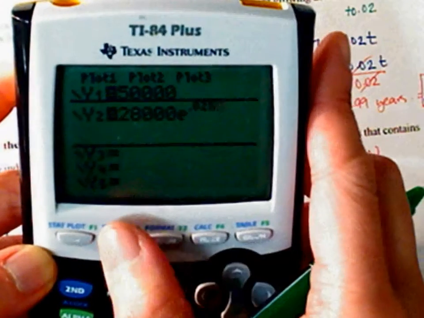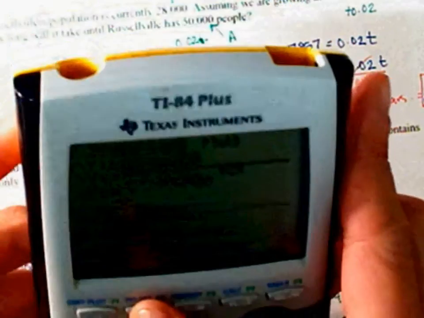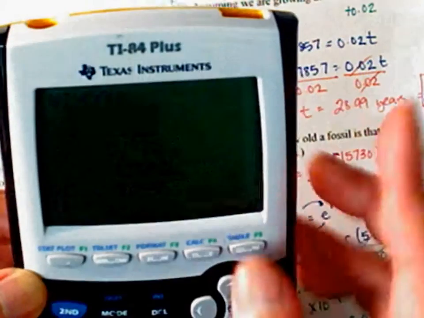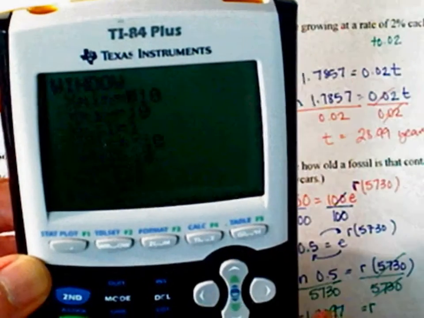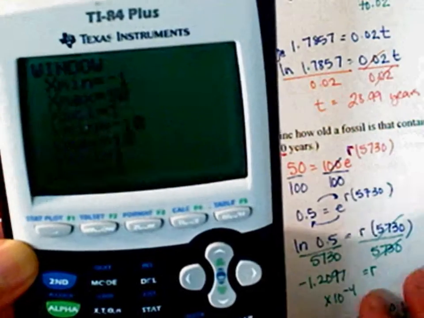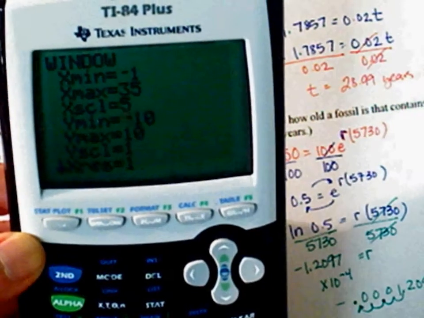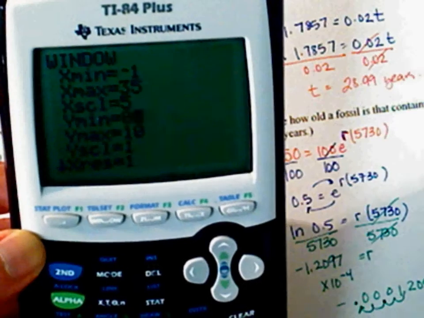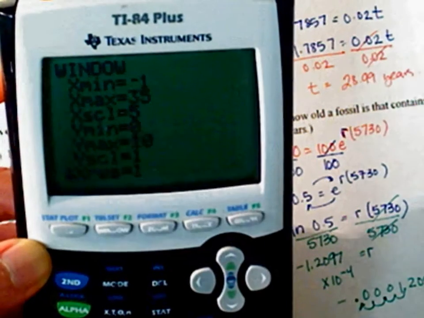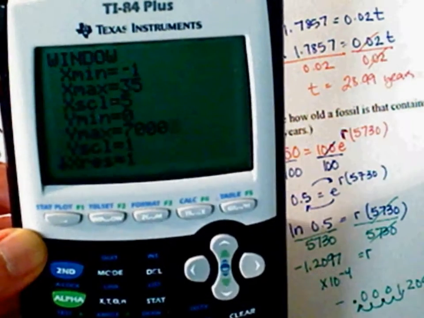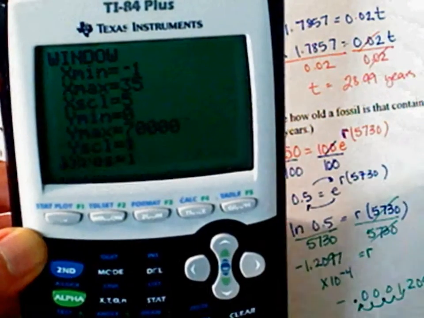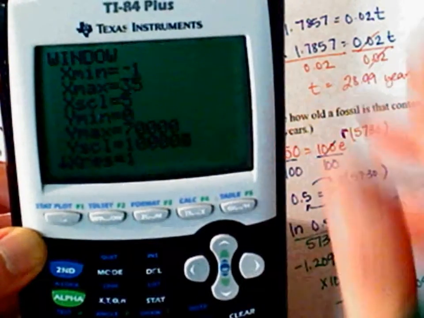You want to know how long something is. So I'm going to leave that at -1. Oh, let's make this 35. Moving it at 5. Your y minimum, you can start at 0. And your biggest number is 50,000, so let's go ahead at 70,000. Okay? And I'm going to change my scale to 10,000 because I don't like a bunch of little marks. And there you have your intersection.